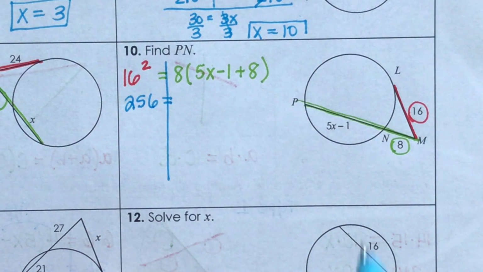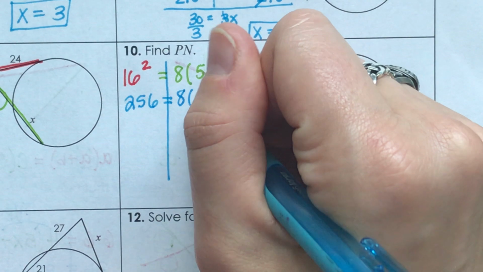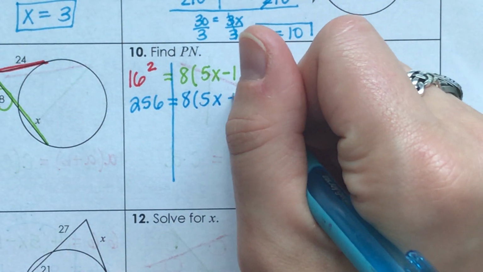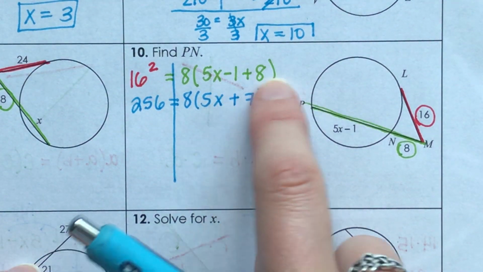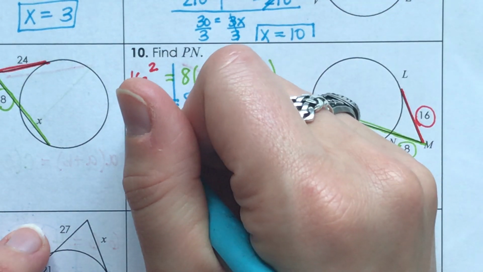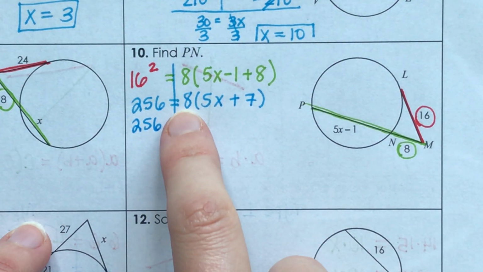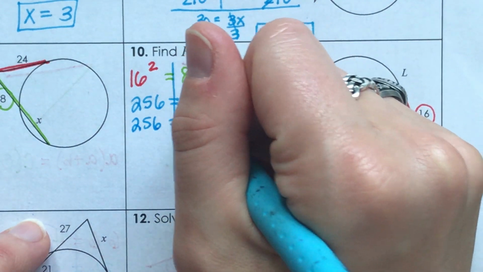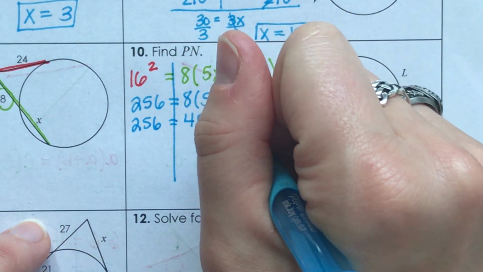I can combine some like terms. -1 and positive 8 gives me a positive 7. Now that I have that positive 7, I can distribute. I'm just going to bring down the 256 again, and now I'm going to distribute. 8 times 5x gives me 40x. 8 times 7 gives me 56.